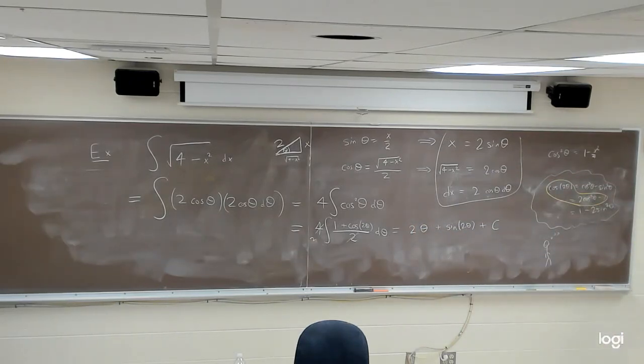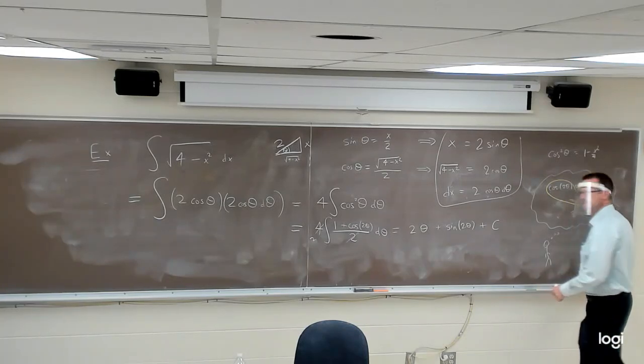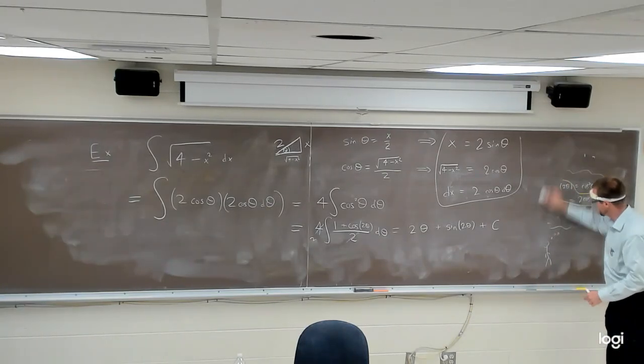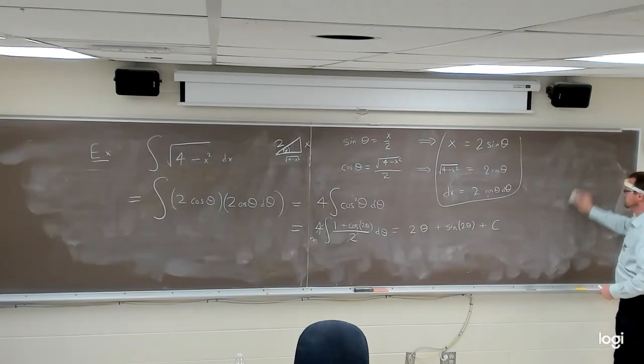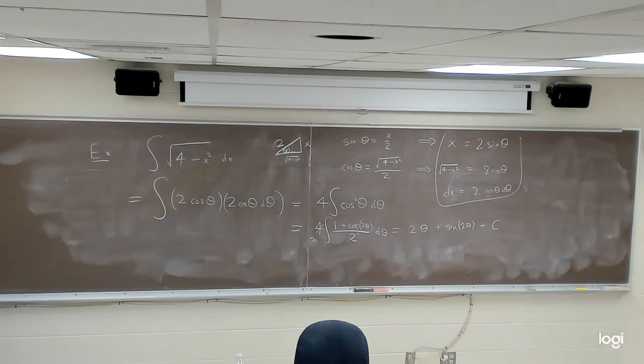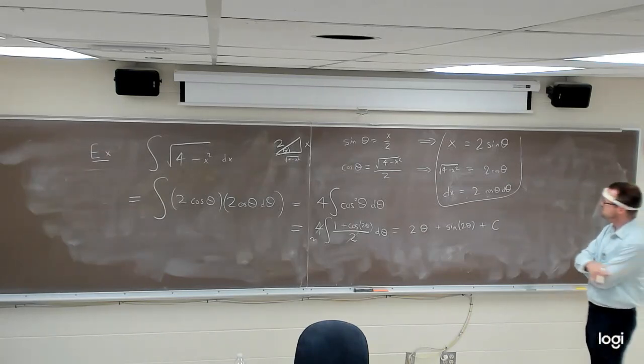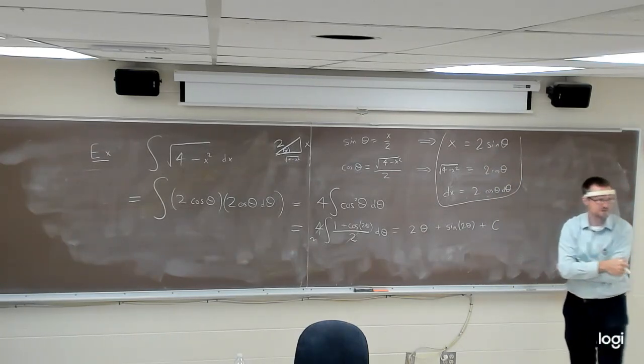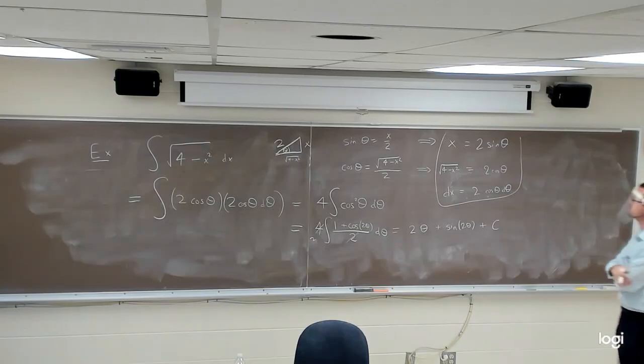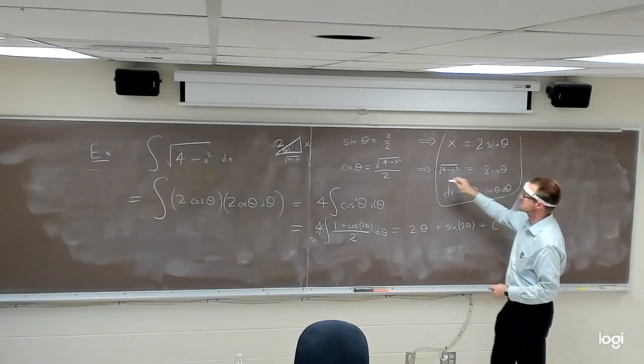Let's start with the first term, 2 theta. How can I write that in terms of x, given the information that we already have? I need to take one of these equations and solve it for theta somehow. It turns out the inverse trig functions are designed to do that.